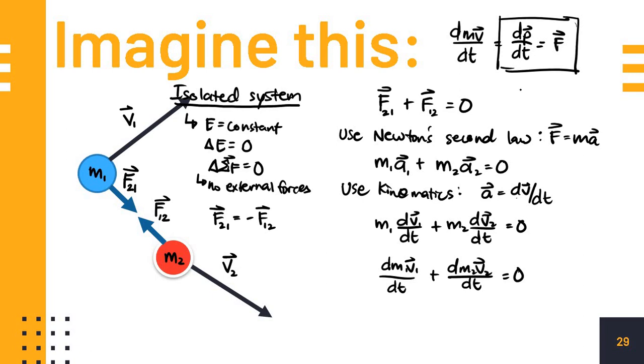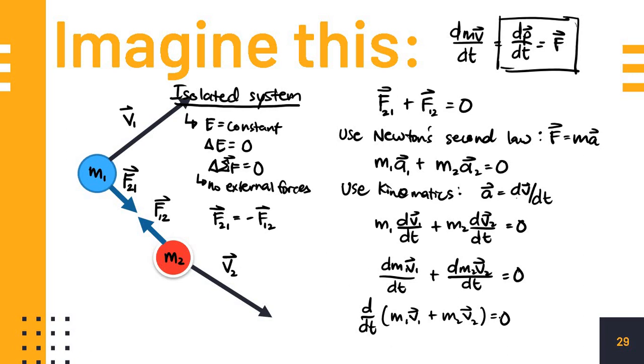Aside from that, we can go back to this equation and factor out d over dt. d over dt multiplied by m sub 1 v sub 1 plus m sub 2 v sub 2 is equal to 0.